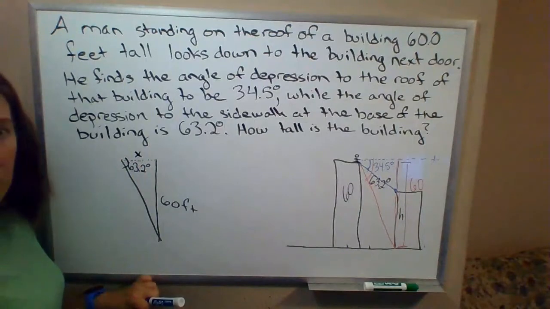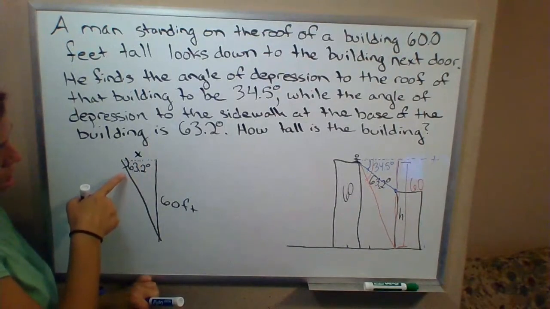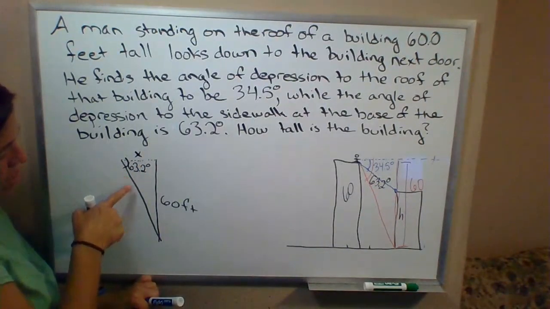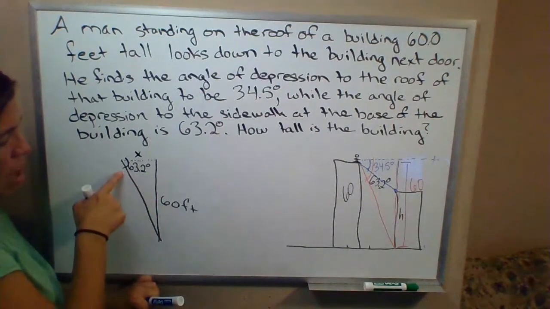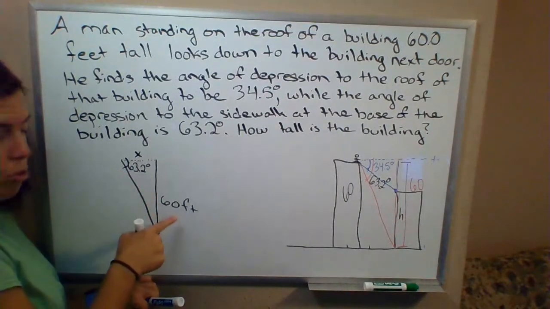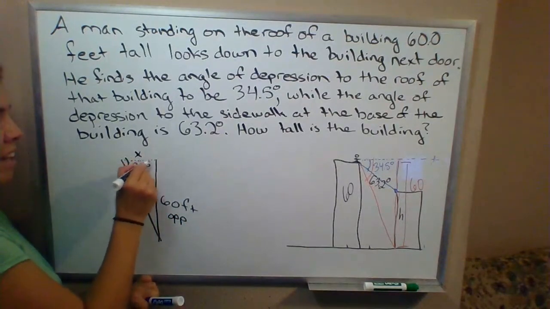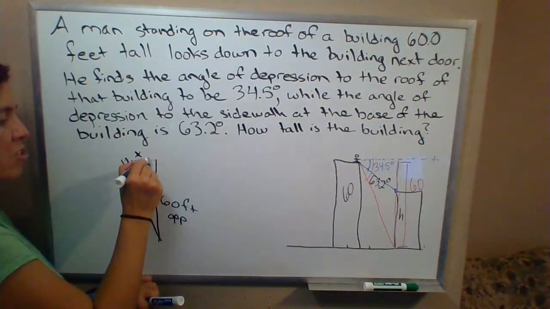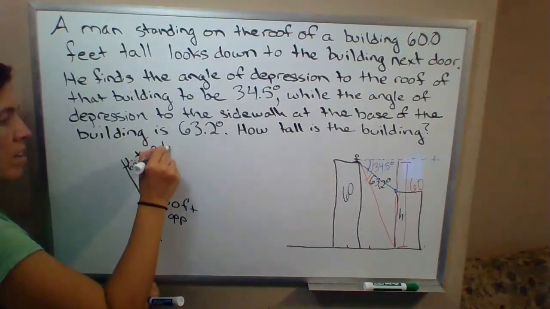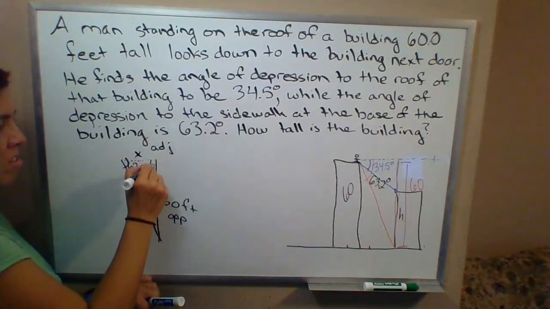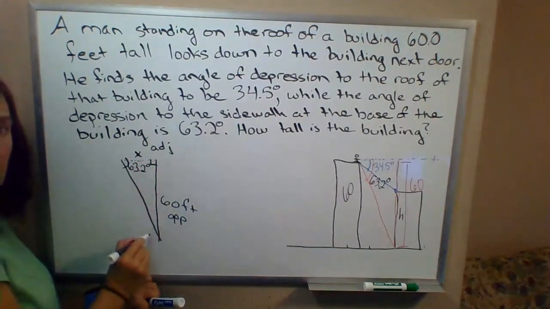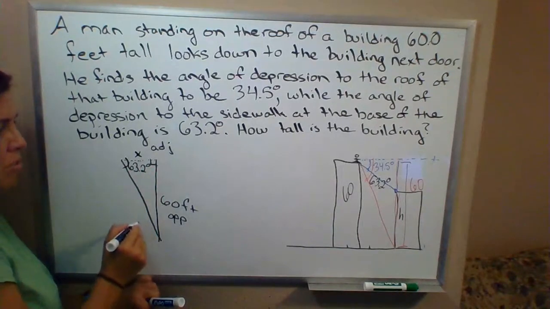I'll call this x. The 60 feet is opposite of this 63.2 angle of depression. The x right here is the adjacent side. Because this is a right angle right here, the side opposite of the right angle is the hypotenuse.